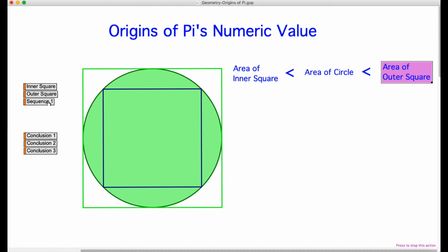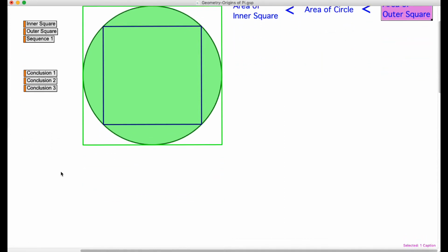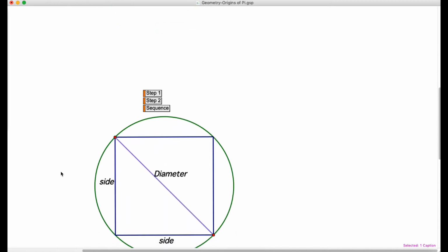So now I want to start by looking at the relationships between the circle and the inner square, and then the circle and the outer square, to see if we can use our knowledge of the area of a square in order to come to some idea about what pi may be.